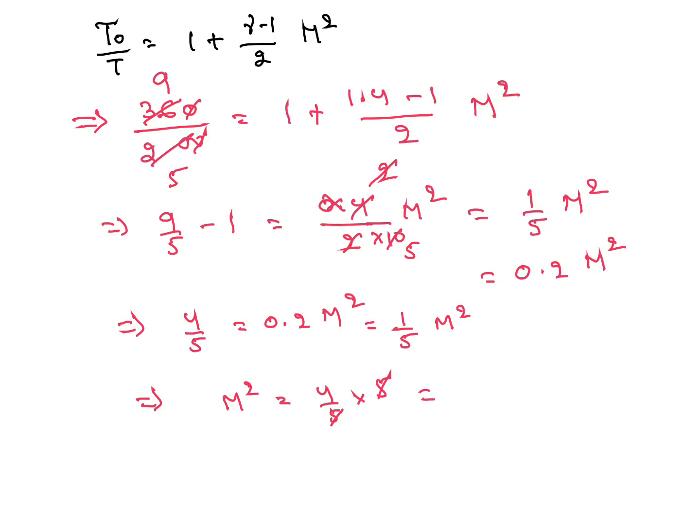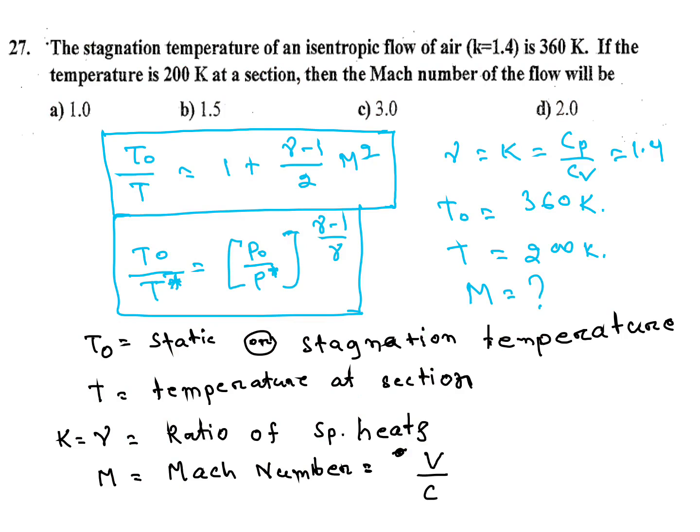So M equals root of 4, which is 2. Mach number is 2. It's greater than sonic velocity, so option D is our answer. Sonic velocity is when M equals 1.